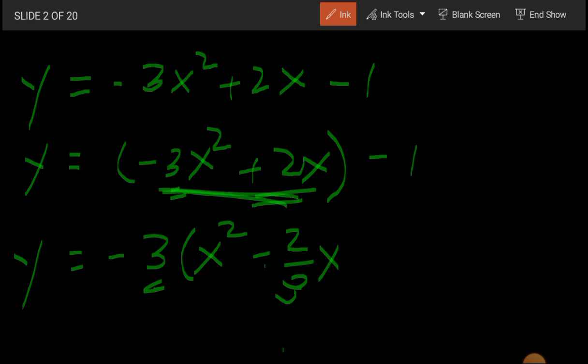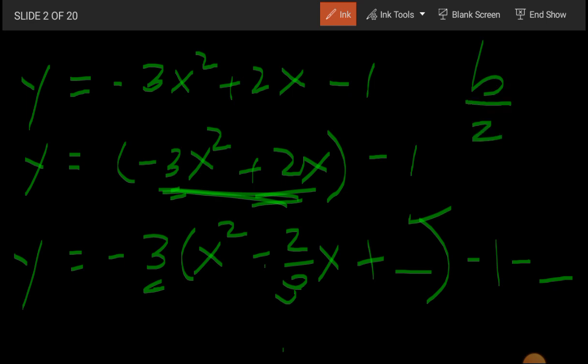Okay, so plus blank, then minus 1 minus blank. Ayan. Now, isolve natin yung nandito sa blank. Alam natin na it's b over 2 squared yung formula. That's why we have 2/3 divided by 2.